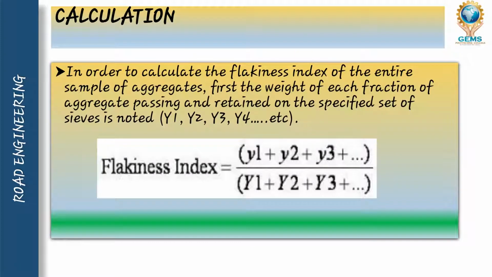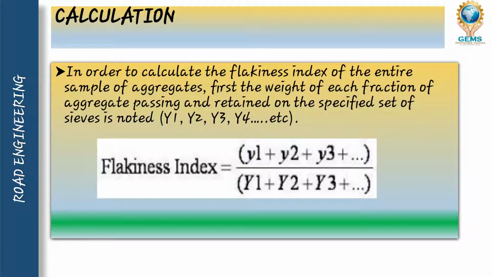Then, in order to calculate the flakiness index of the entire sample of aggregate, first the weight of each fraction of aggregate passing and retained on a specified sieve is noted. That is y1 plus y2 plus y3 and so on, divided by capital Y1 plus Y2 plus Y3 and so on.